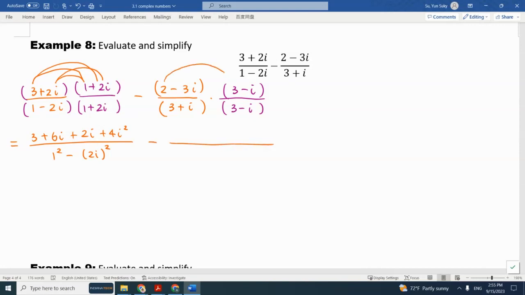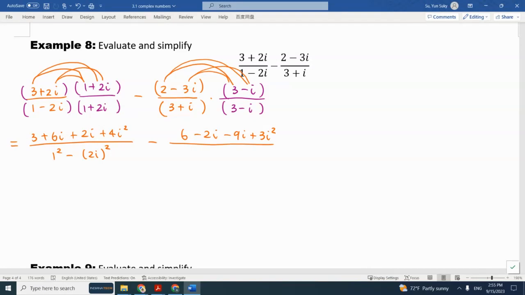Let's distribute the top of the second fraction. 2 times 3, 6. 2 times minus i. Negative 3i times 3. Negative 3i times negative i. Yes.